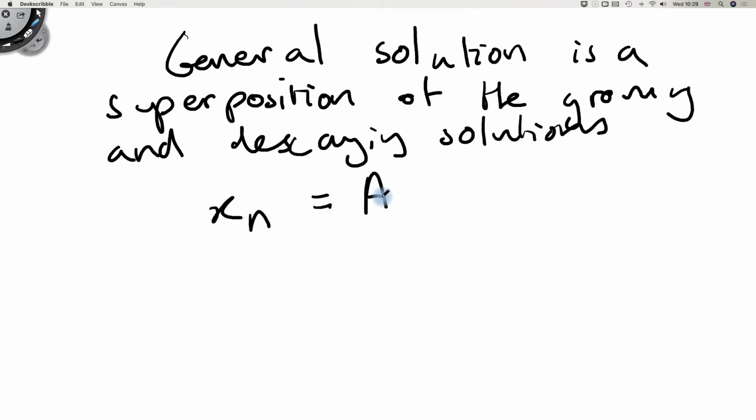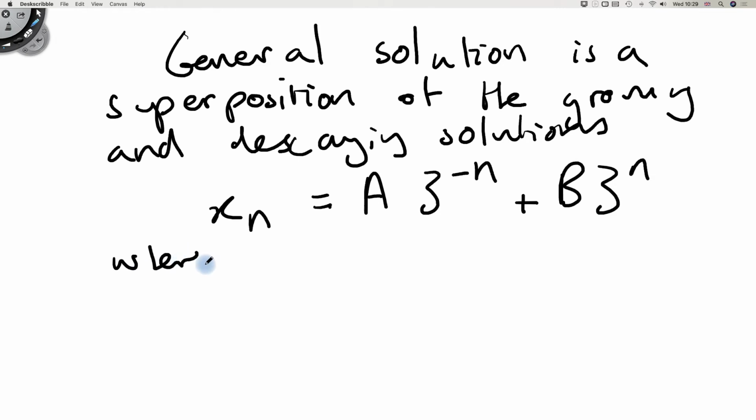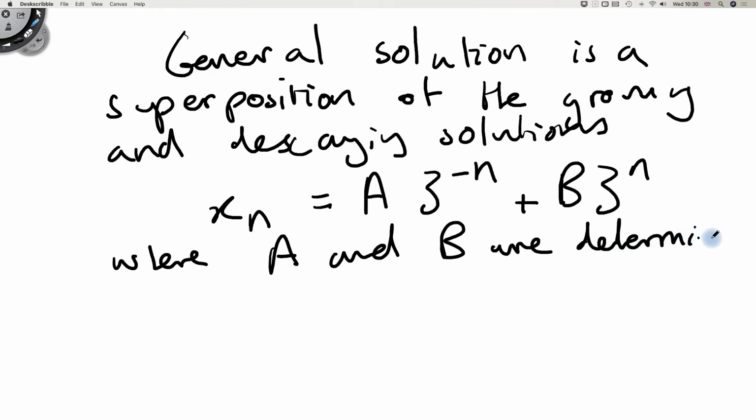And we have these constants, A and B, where A and B are determined by the initial conditions.